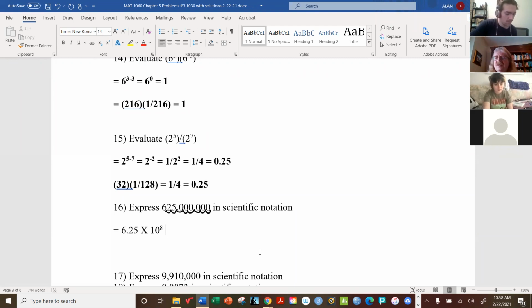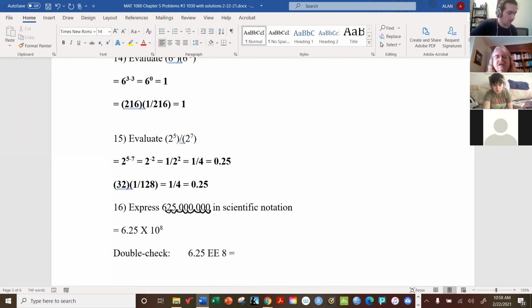Now, suppose you decide to double check your results. Go to the calculator and type 6.25 EE8 equals. Now, I think we mentioned this once before. EE is shorthand notation for 10 raised to some power.